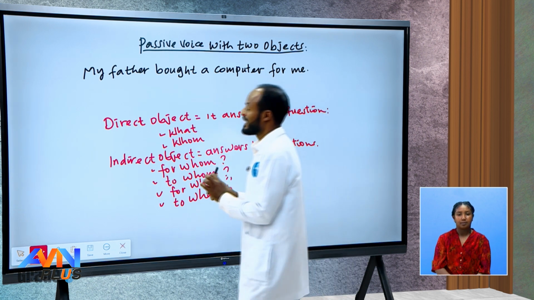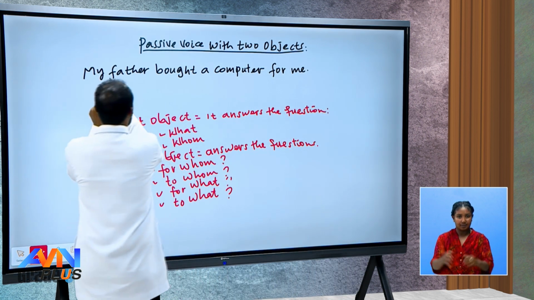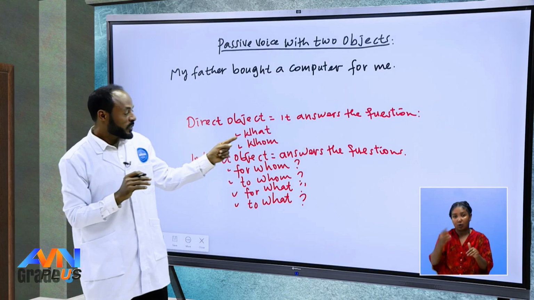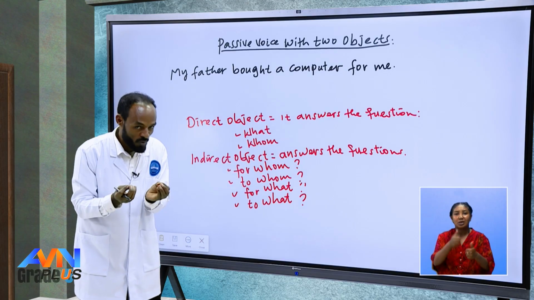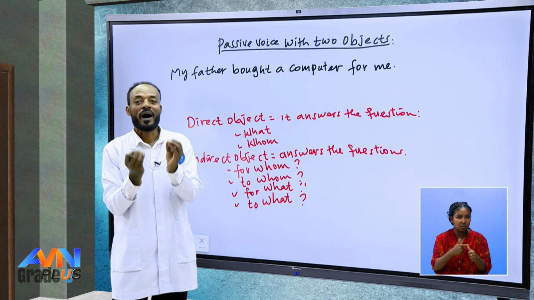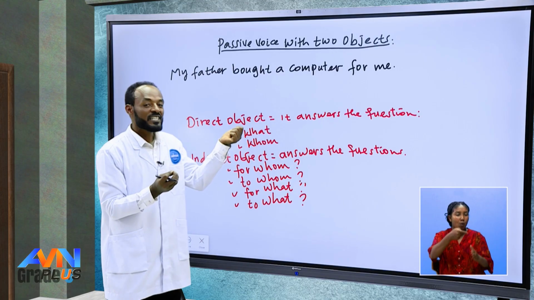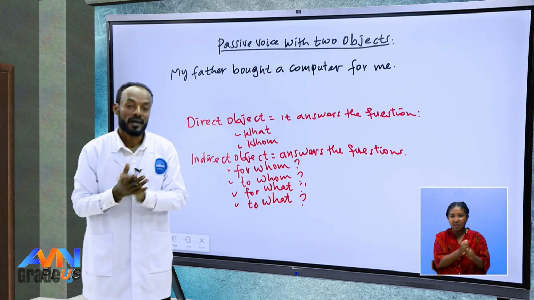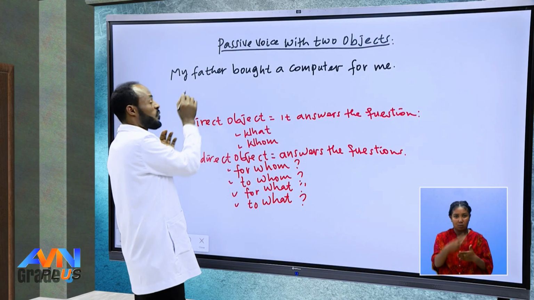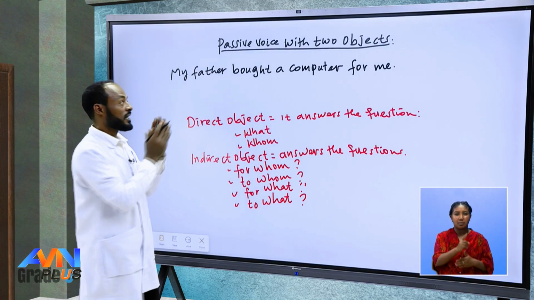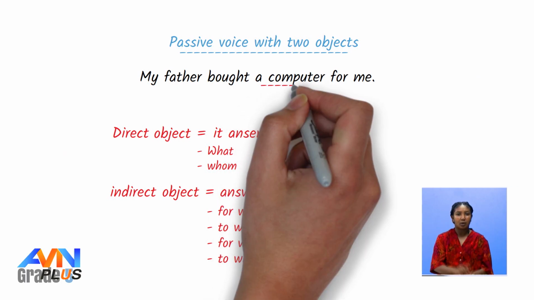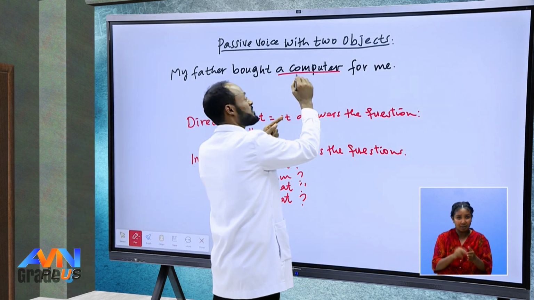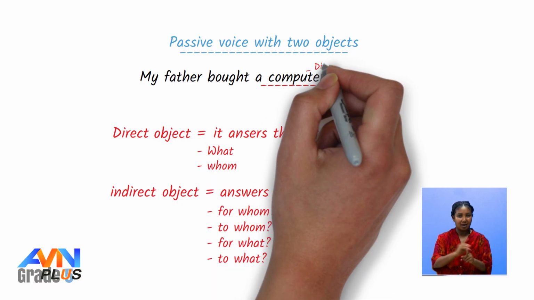Come on here. In this sentence, my father bought a computer for me. To get which one is the direct object, first of all, you have to ask yourself, what did my father buy? Yes, a computer. Am I right? Sure. So this means direct object.